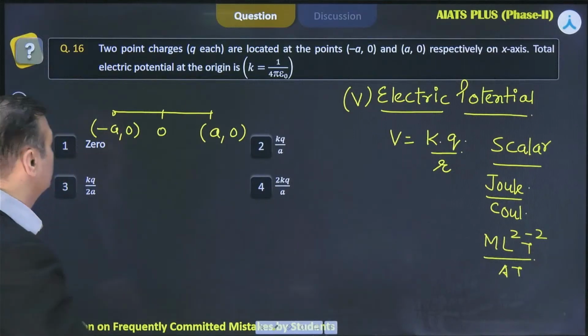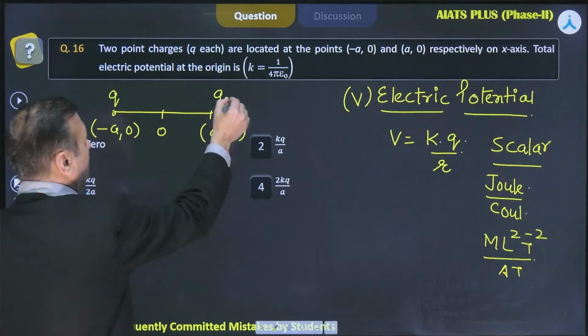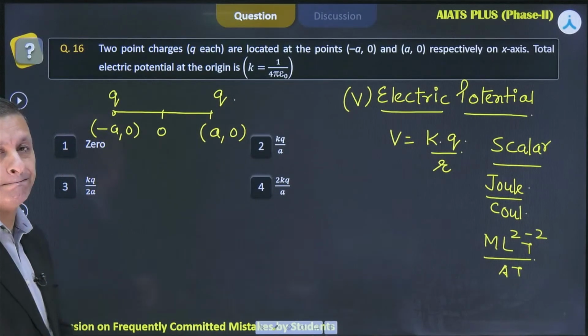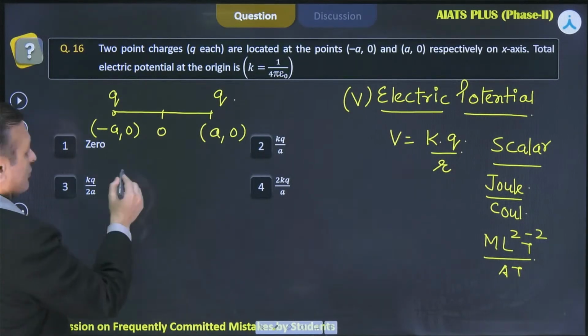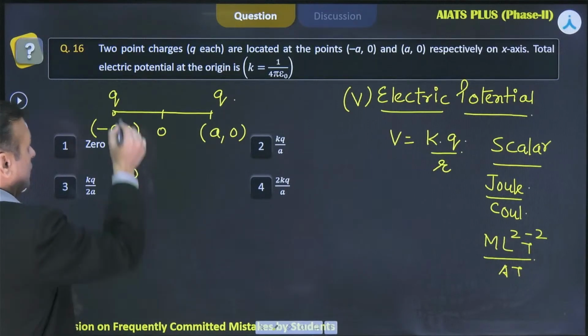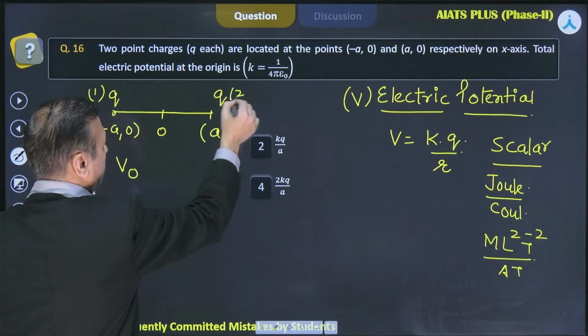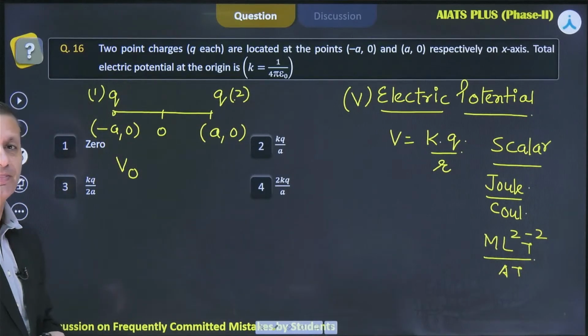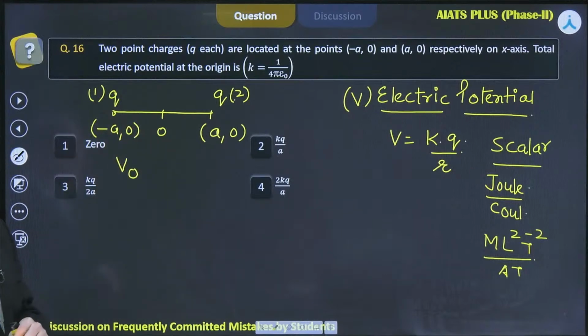What have you placed? Q and Q. So this is the configuration, and they are asking you the potential at O. Let's label this position as 1 and this position as 2. Here we have to give the final potential at O.